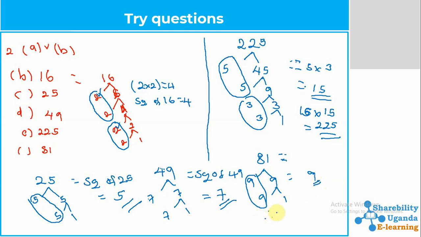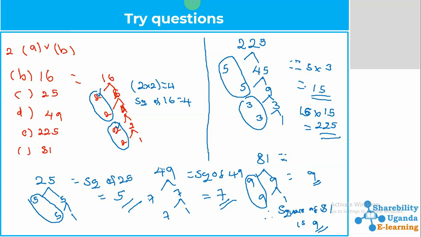So now here we can say therefore the square root of 81 is 9. So with this number we shall have done with them.